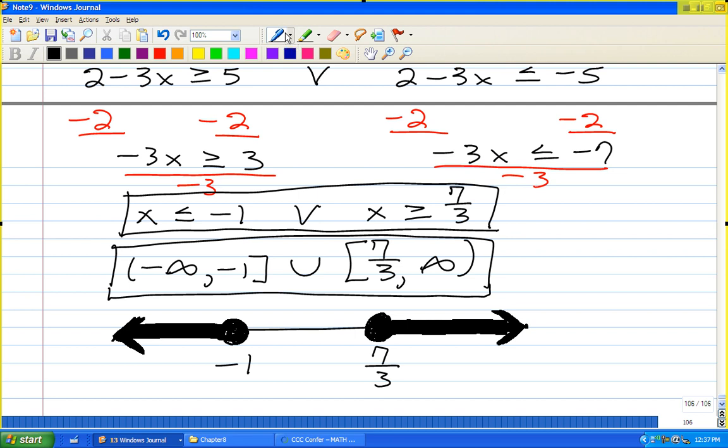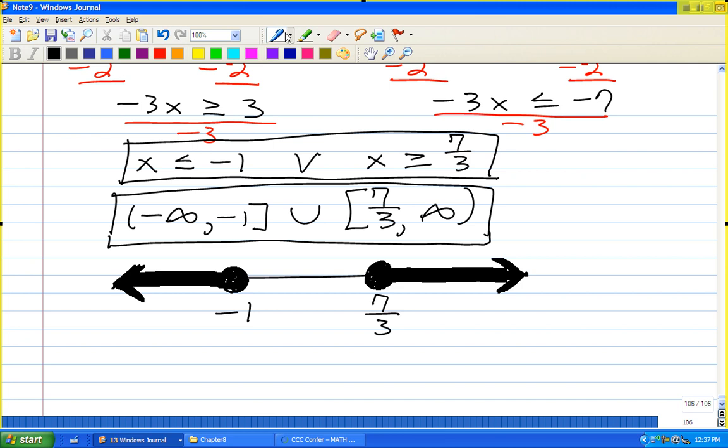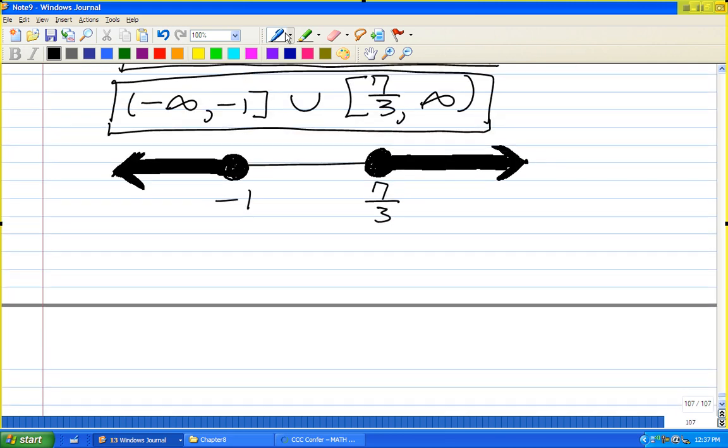Let me do problem number 66. Absolute value of 7 minus 2x less than or equal to 1.